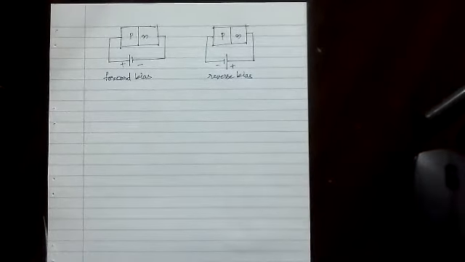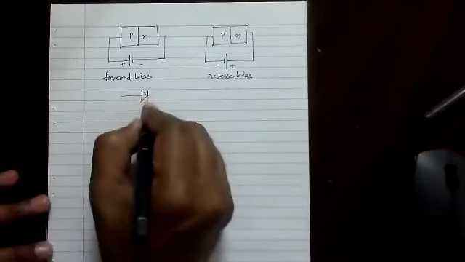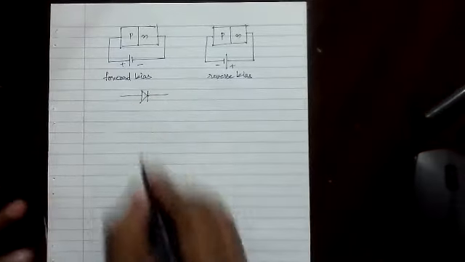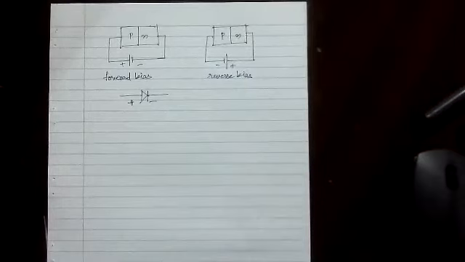Next, now you know the symbol also. The diode symbol is in this way. So this is positive and this is negative of the diode. Now we have to study the VA characteristics of a junction diode.